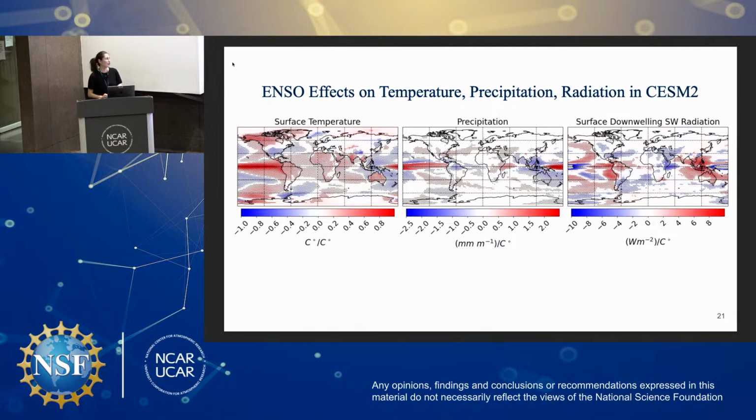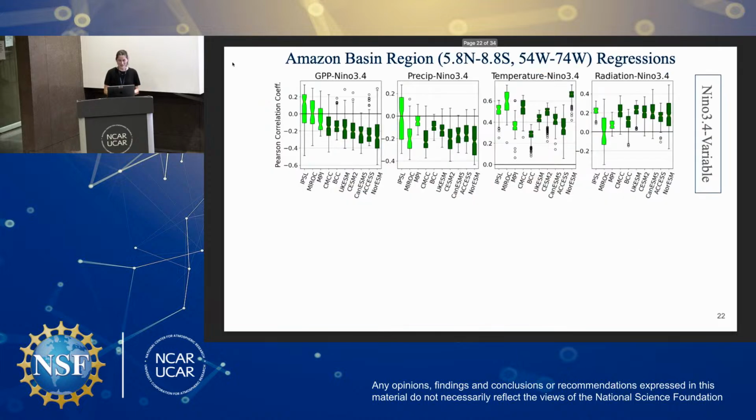The general pattern is that during El Nino events, we're seeing an enhancement in surface temperature, a decrease in precipitation, and an increase in surface downwelling shortwave radiation in our Amazon basin area of interest.